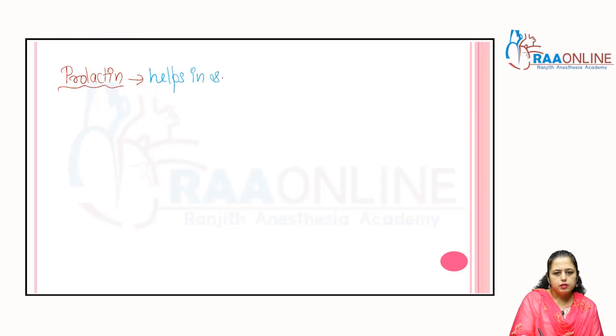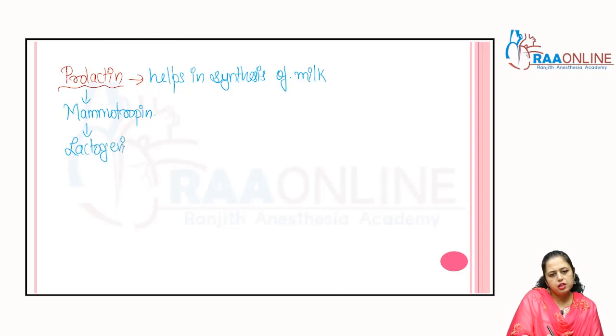That's why prolactin is also known as the mammotropin hormone, also known as the lactogenic hormone, just because it synthesizes the milk, right? So it acts upon the mammary gland for the synthesis of milk, and it is not related with the myometrial contraction.